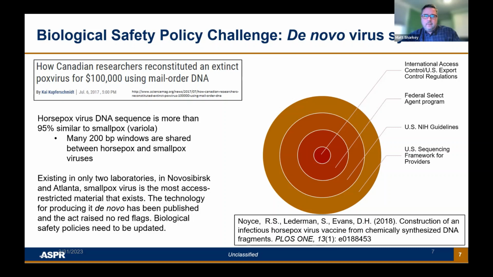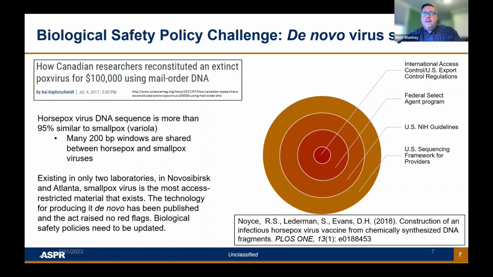This was a significant and unexpected advance, given that horsepox virus has more than 200,000 base pairs in its double-stranded DNA genome, and it has some structural elements similar to telomeres that were thought to be difficult to reproduce in the laboratory, in order to give a transfectable full-length horsepox or orthopox genome that could generate horsepox virus. This, of course, is important because horsepox is 95% similar in sequence to variola virus, the virus that causes smallpox.